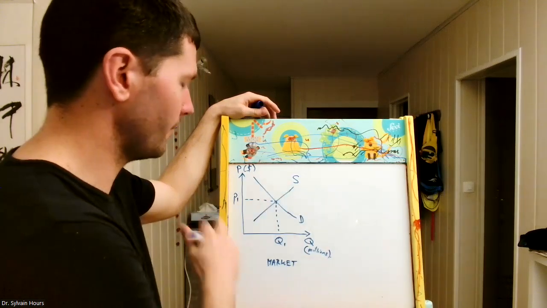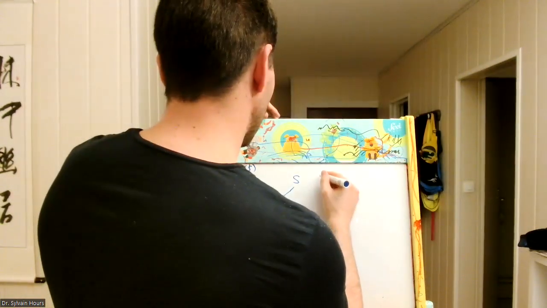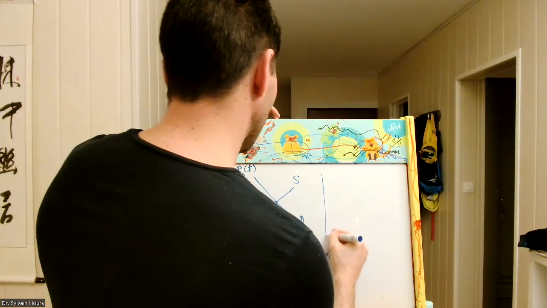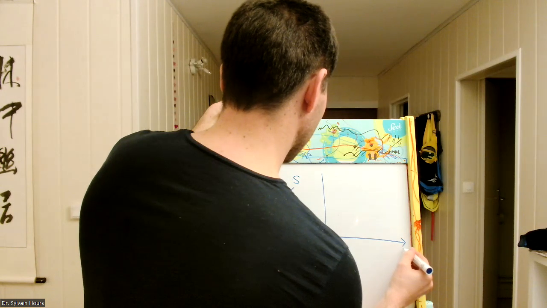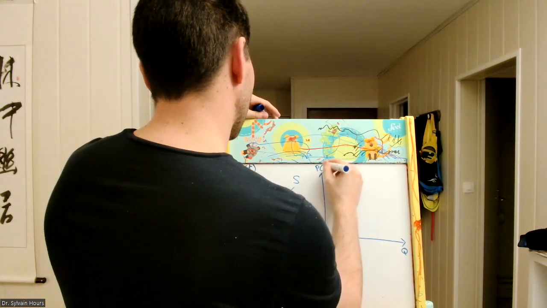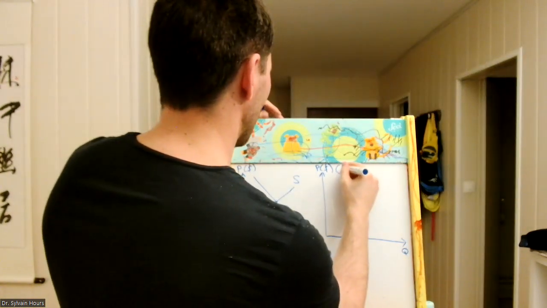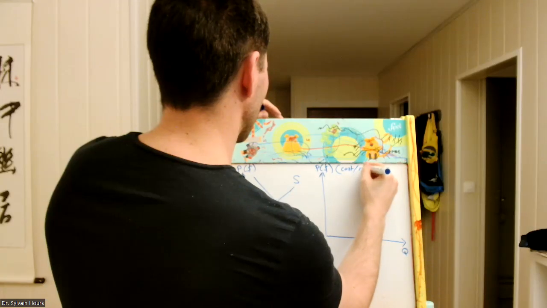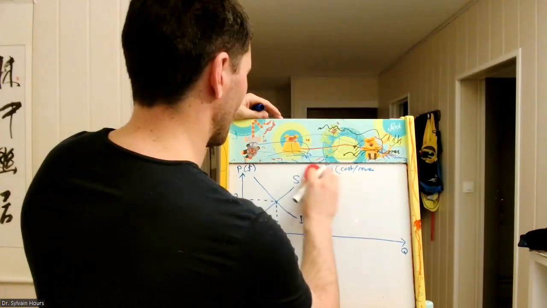Pretty simple. Now, what we have to do is to see what happens for one individual seller inside this market, that operates inside the market. So we still have price and quantity. If you want to label it cost and revenue, you can also do that. Maybe that's better, actually. Let's just put cost and revenue.